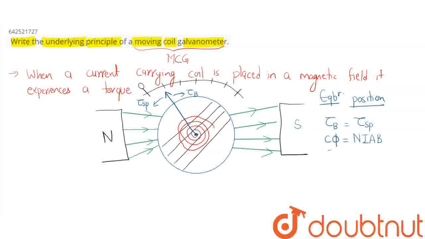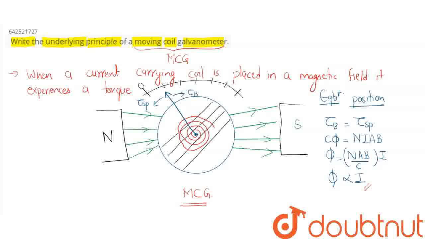Therefore we can say phi is equal to NAB divided by C into I. That is, here we can say deflection is proportional to current. So this is the basic principle. On increasing the value of current, the deflection increases. So this is the basic principle of working of MCG.